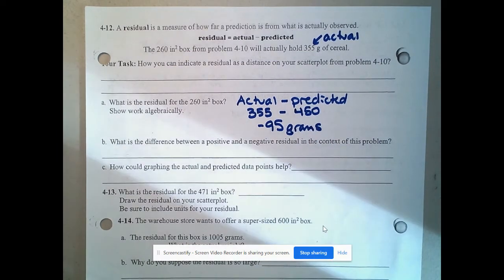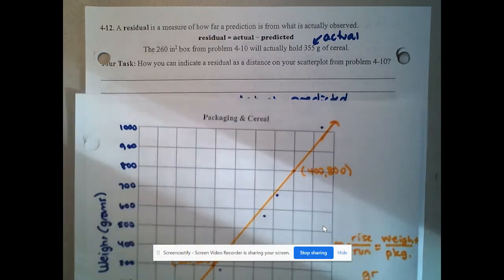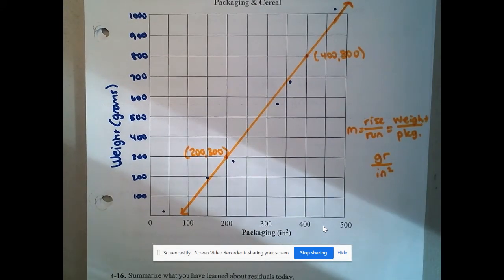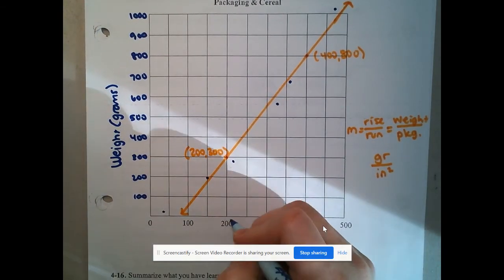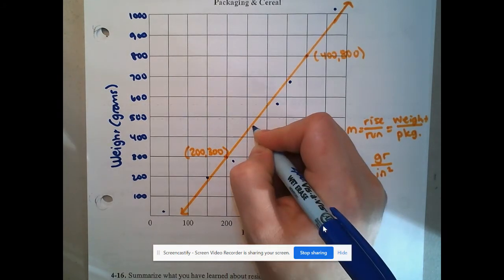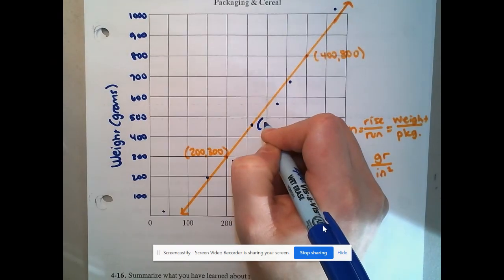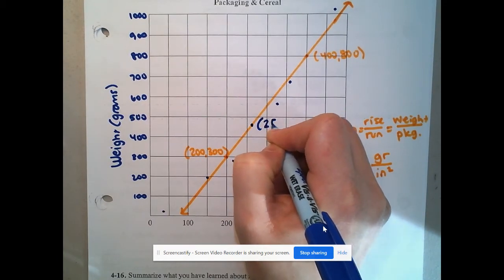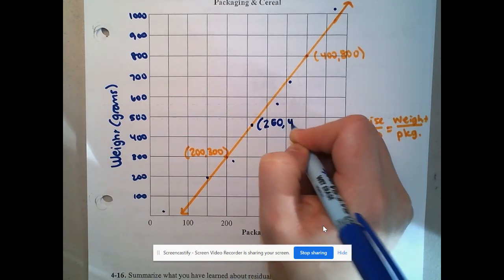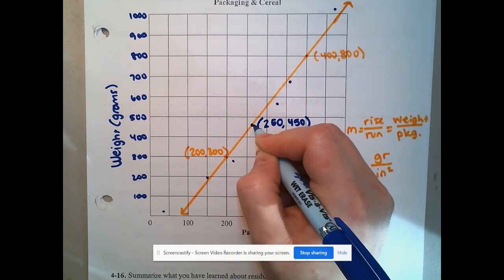Now, what does that look like on our graph? If I look here, we are looking for an x of 260. We predicted it was going to be 450, and that would be on the fitted line.